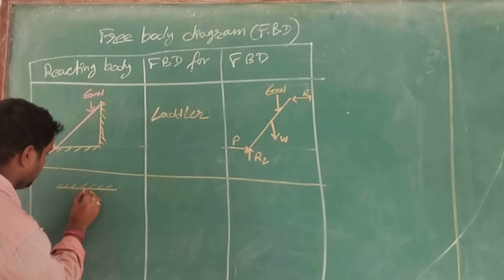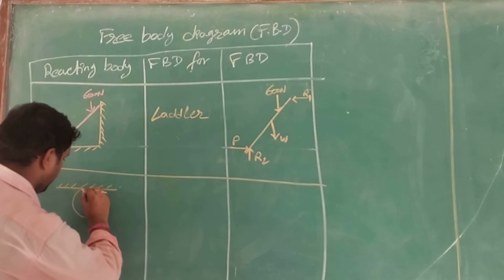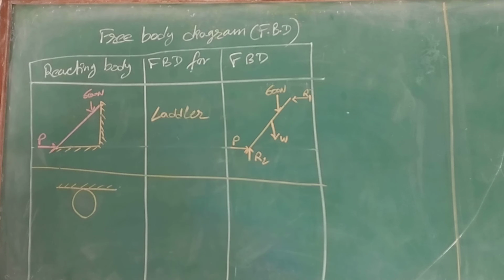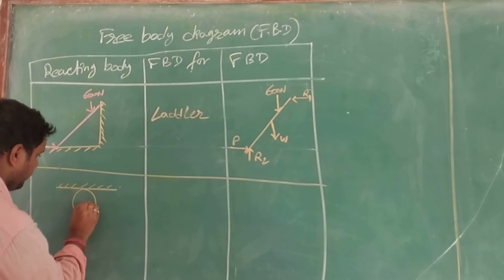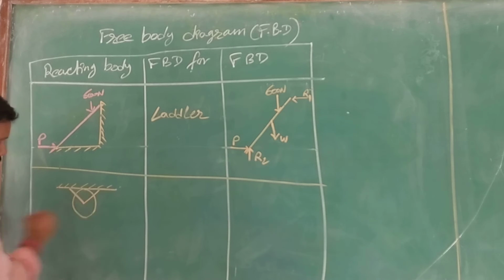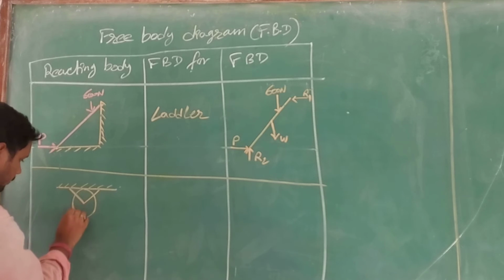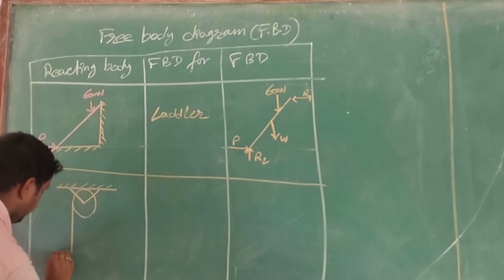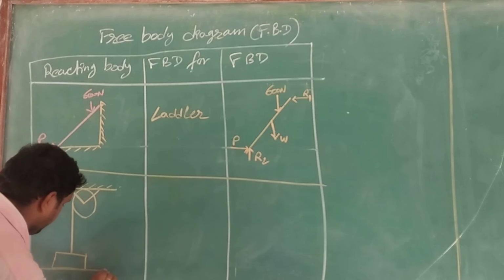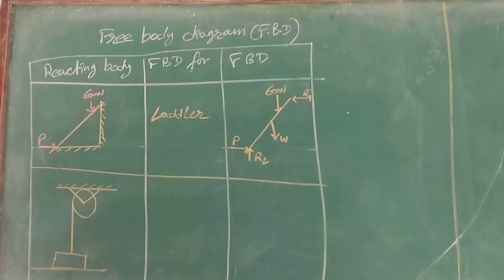That's a wall. There is a pulley, which is hung on the wall. There's a weight. Let it be, shall we write 6 or how much?